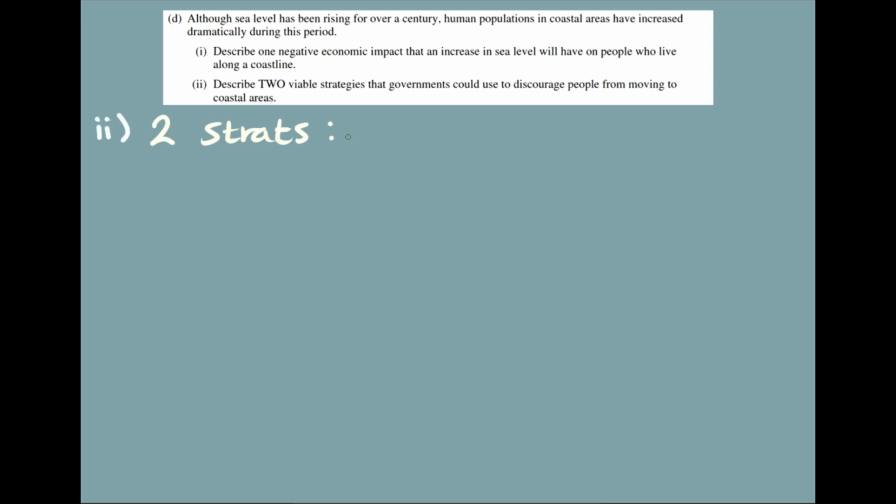In my mind, the 2 viable strategies governments could use to discourage people from moving to coastal areas: the first one, especially if we're talking about rising sea levels, is that education on what's happening in the environment is vital. You would be surprised at how many people just don't know what's going on.